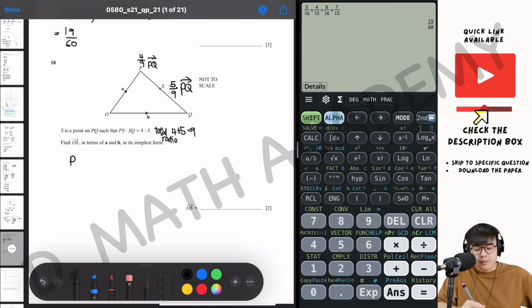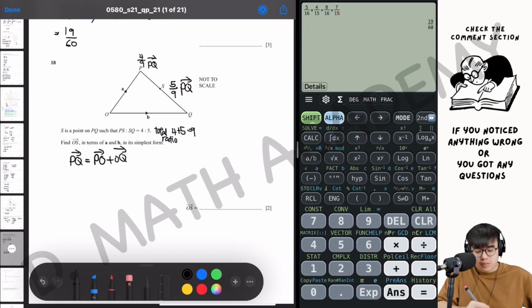They were looking for OS here. The first thing that I would do is find my PQ. That will go through PO plus OQ, so basically negative A plus B. OS, however, will be OP plus PS because the direction is the easiest.